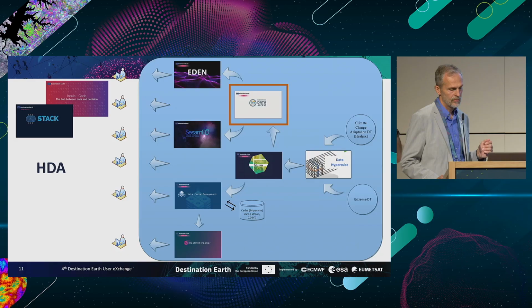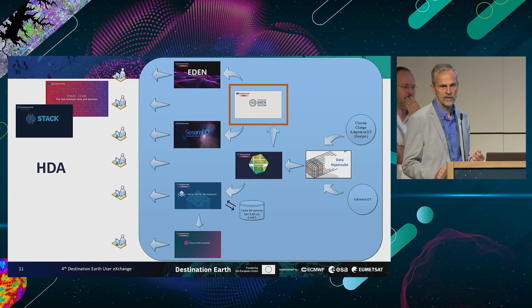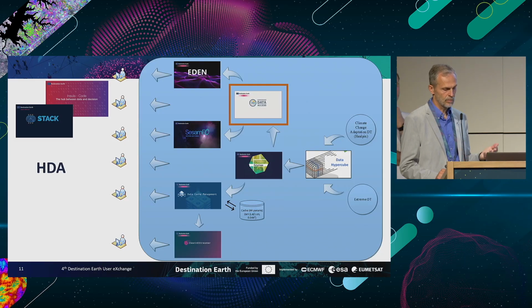On the left side, if you see the applications, for example, like Eden, Sesame, or the data cache management system, they have as well slightly different capabilities and skills, and also slightly different APIs. So for example, if you use Eden or Sesame, you have as well the capability that inside the browser, once you access the data it is visualized, and you can maybe interactively interact with it in the browser.